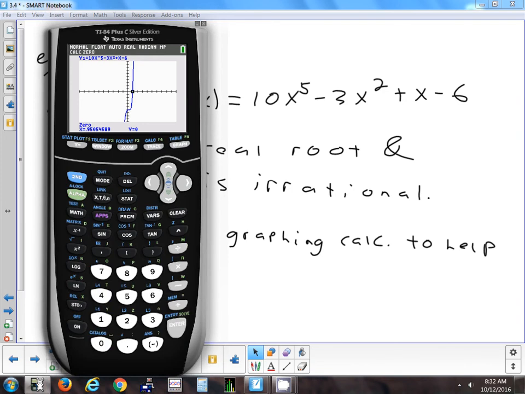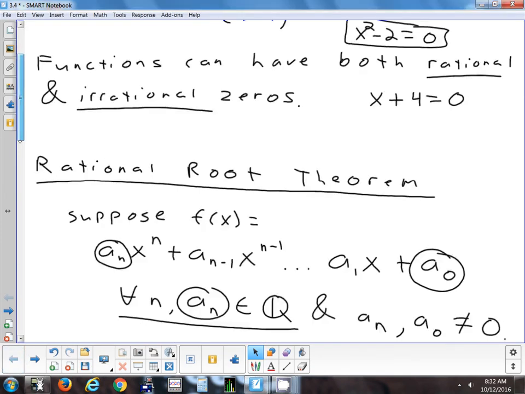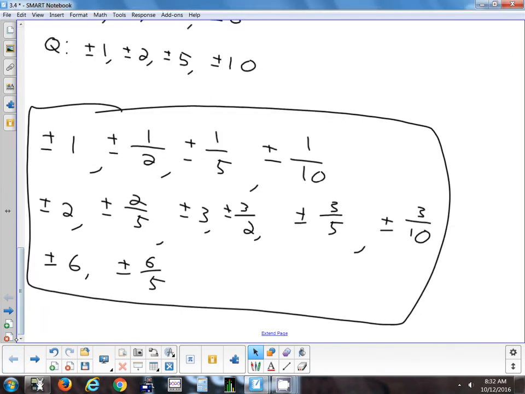So based on what we did in example 1, anybody tell me how to prove that that number must be irrational? Yeah, exactly. That number that just came up on the screen, 0.9505, it's not any of these fractions.